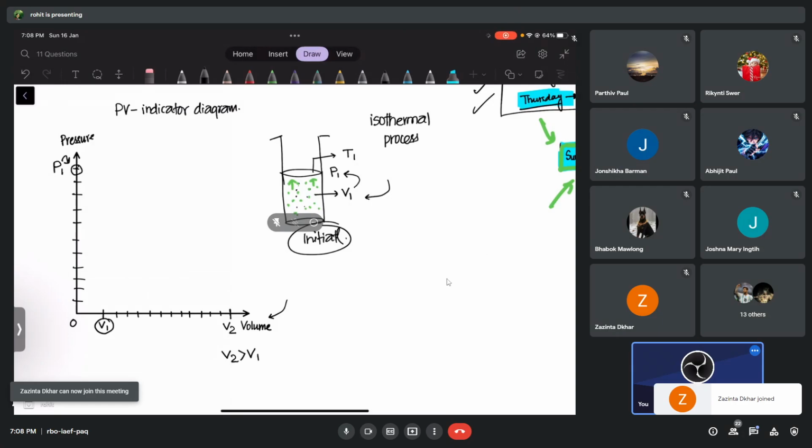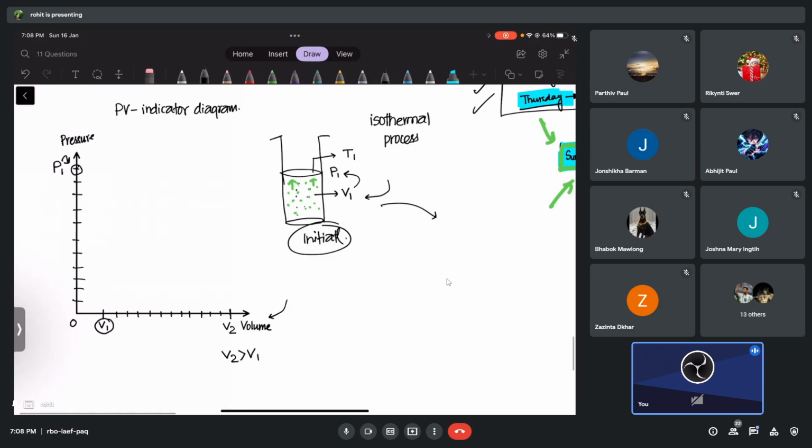If I talk about an isothermal process and the gas is going to expand, my new picture is going to be this. We have the same cylinder, but now the gases are occupying more volume. The volume has changed from V1, now we have more volume, V2.